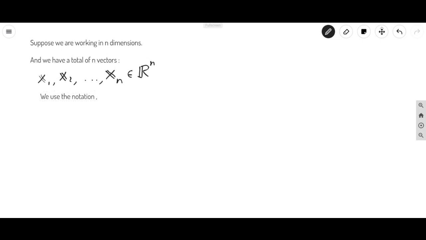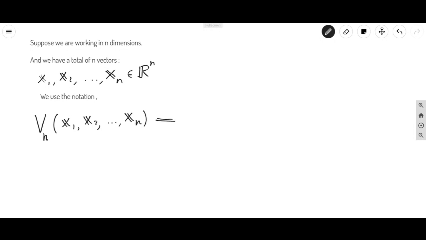So this is the notation that we're going to use. We're going to write V for volume, subscript n, which stands for n-dimensional volume. And then we're going to put down the vectors that we have. So it's Vn of x1, x2, up to xn.